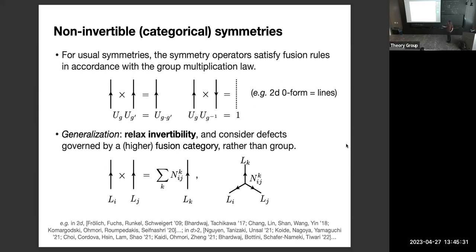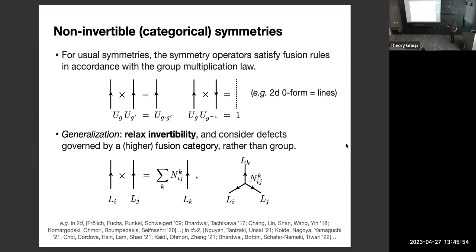And so when I have this sort of structure, not every line in the theory will have an inverse. And so I'm going to refer to a global symmetry with such a more generalized structure as a non-invertible symmetry or a categorical symmetry. People use different words to say these things.